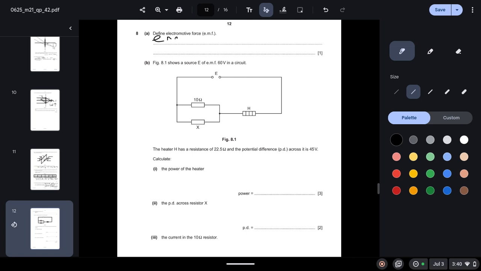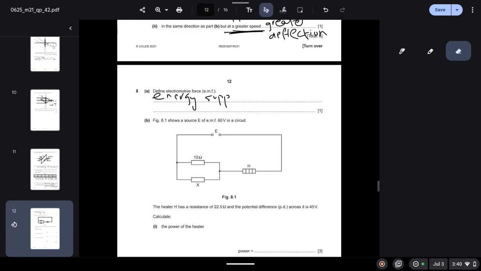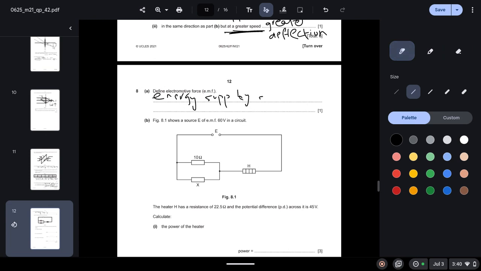So energy supplied by the source in driving unit charge around a circuit, so one complete revolution of the circuit.